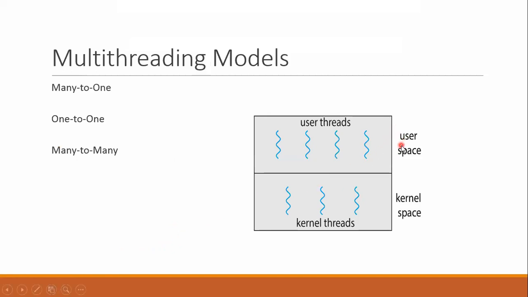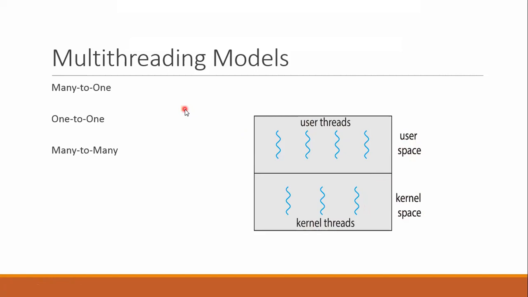This figure shows the user level threads and kernel level threads. User level threads, they exist in the user space. And kernel level threads, they exist in the kernel address space. There must exist a relationship between user threads and kernel threads.